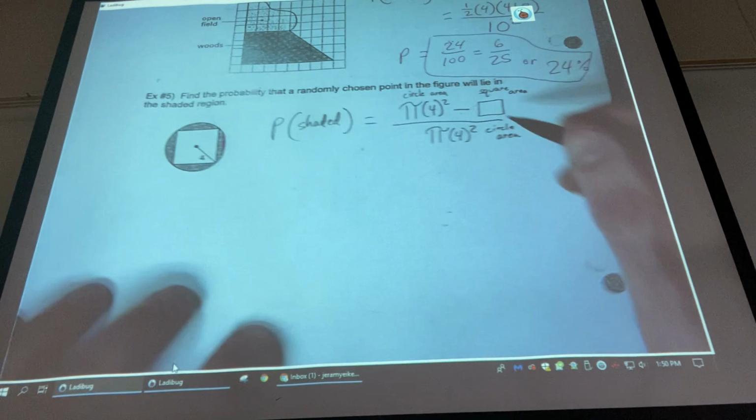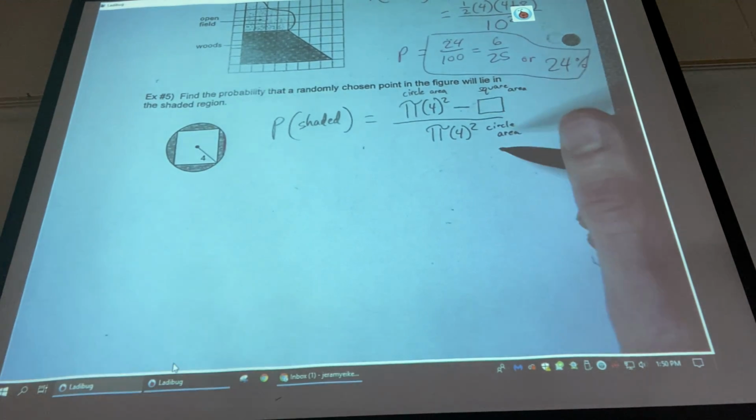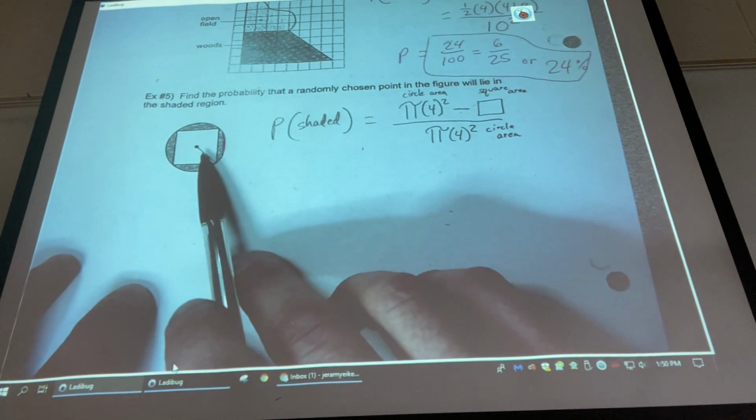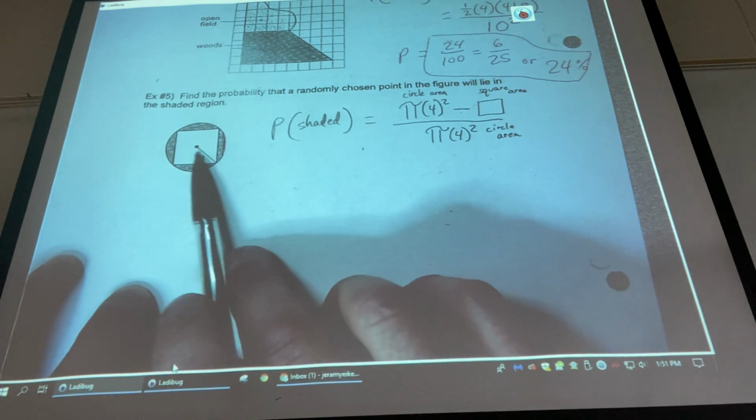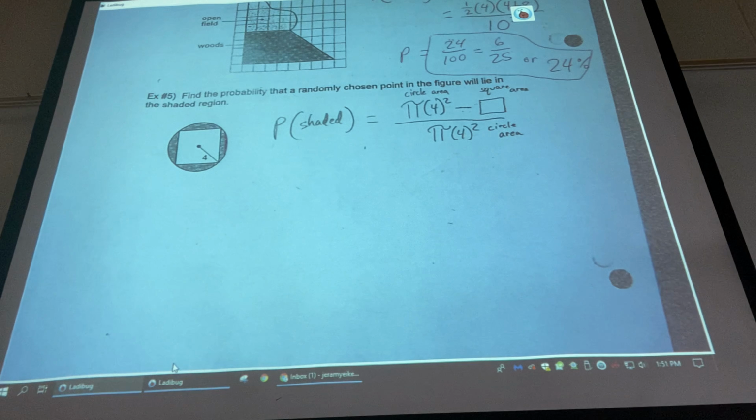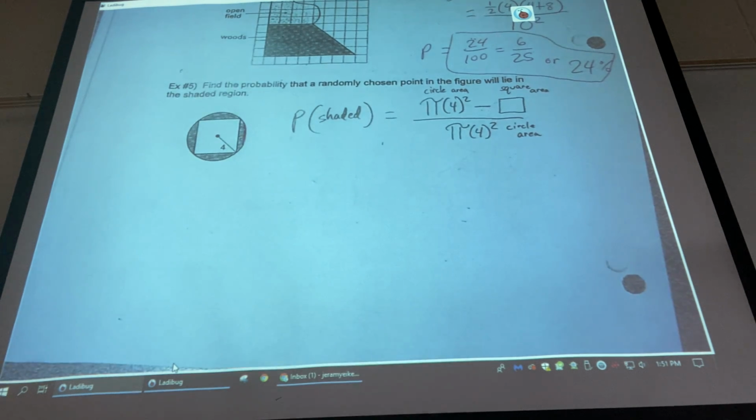I left this blank though because if we were given a side length, I would know this right away, wouldn't I? Yeah, we would. Are we given a side length? No, but we are given a radius. We can do the thingy, can we? There's a few ways to do this.